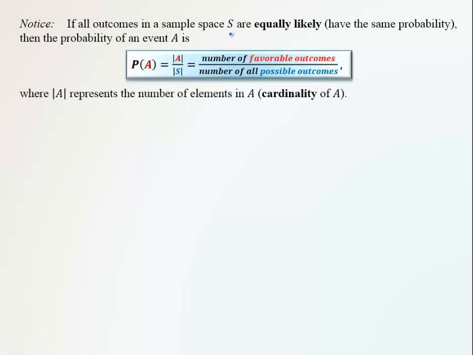Often we'll work with sample spaces that are composed of outcomes that have the same probability of occurring. So such outcomes are called equally likely.